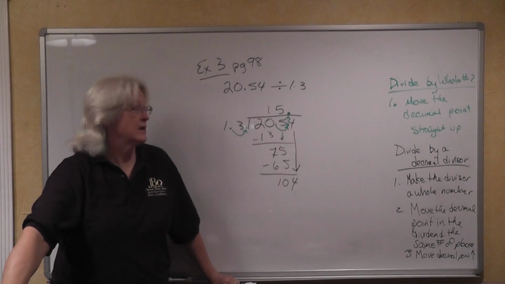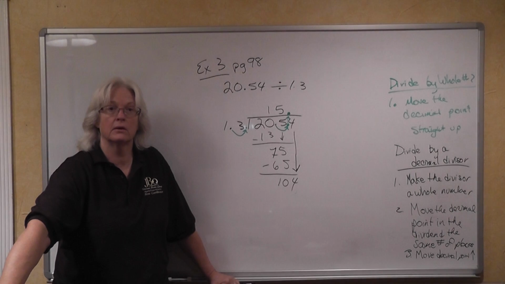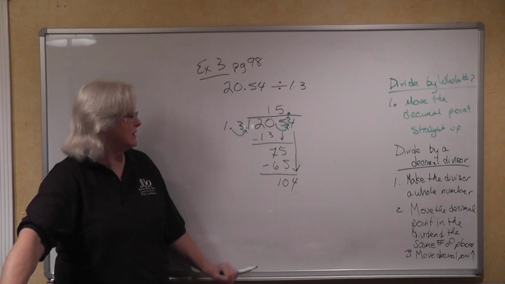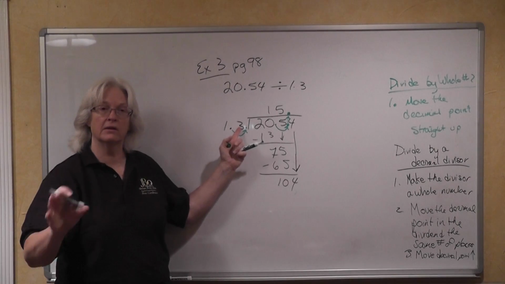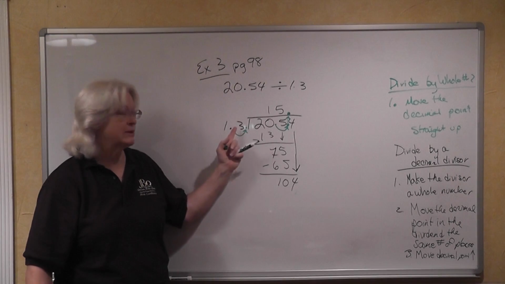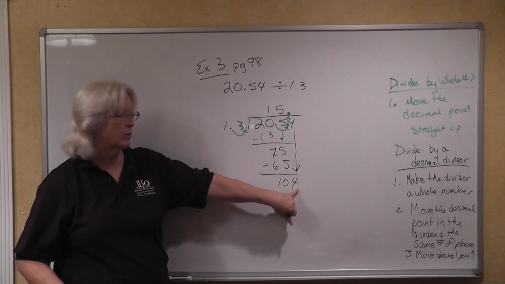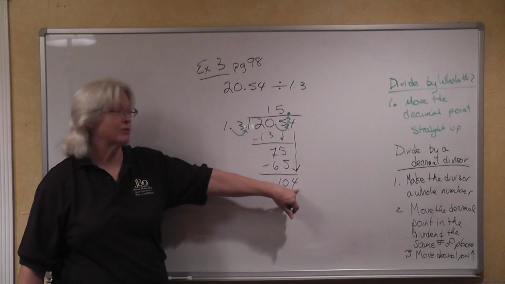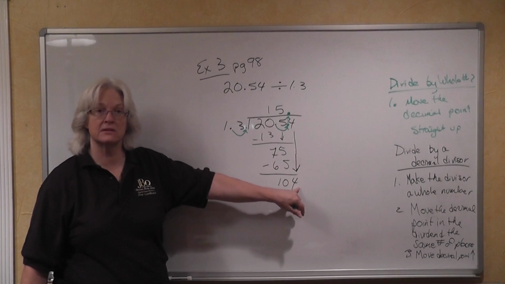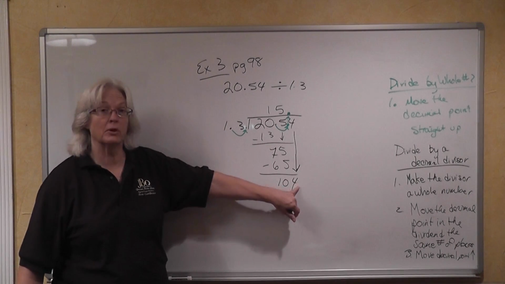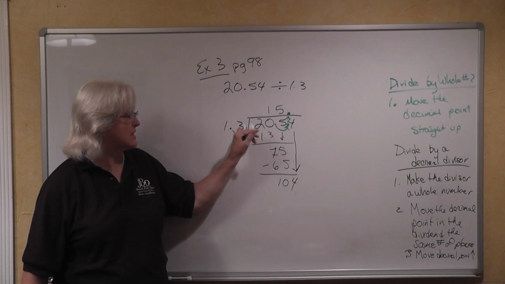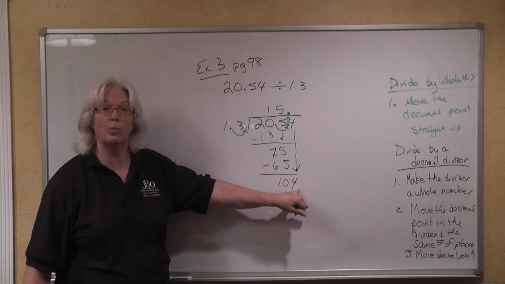Now we're going to say 13 goes into 104 how many times? Well, I know it's going to be 8 because the little trick here is we're looking for a simple math fact that ends in the same digit as the number you're dividing. I know it's not 7 because 3 times 7 is 21.